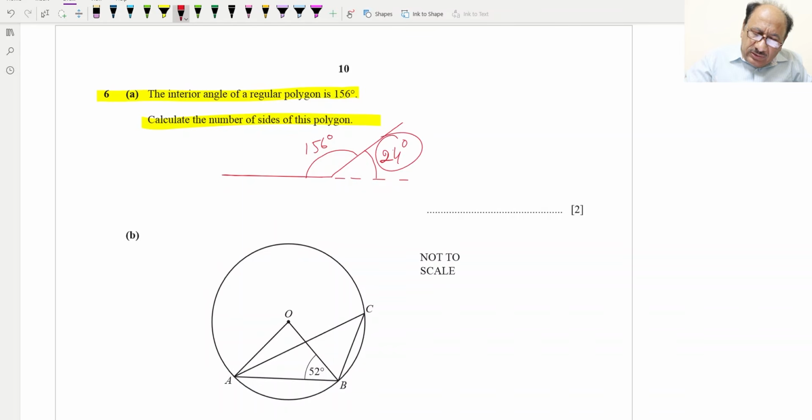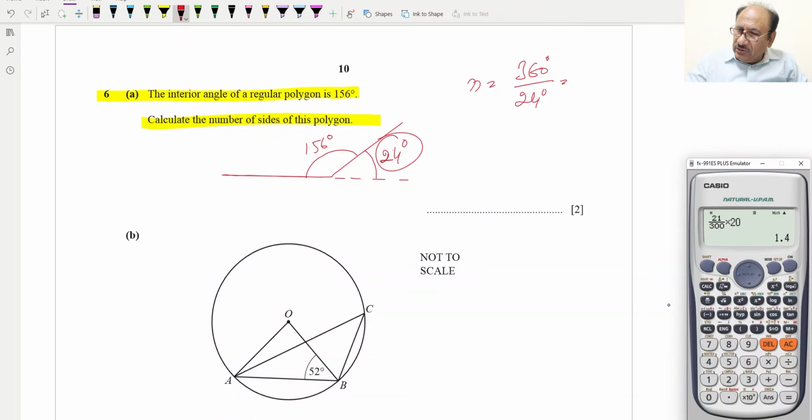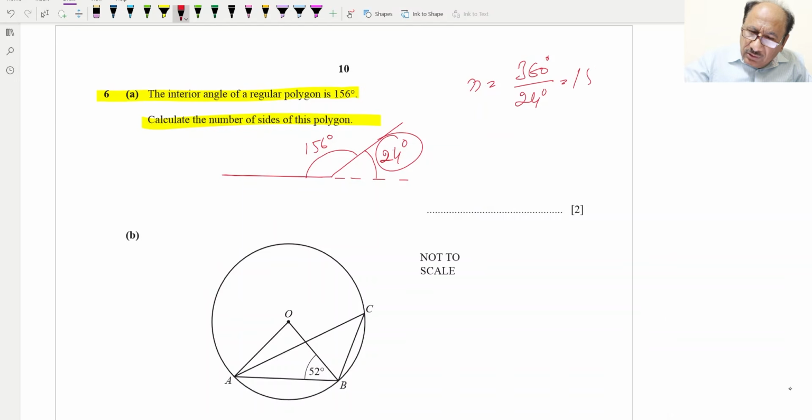So the number of sides of a polygon n will be equal to 360 divided by the exterior angle. So 360 divided by 24 is equal to 15. So the answer will be 15. This will be a 2 marks question.